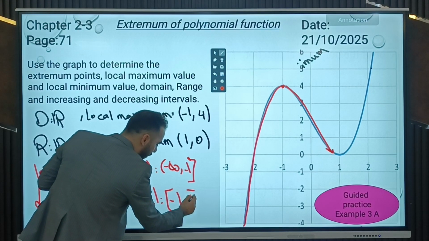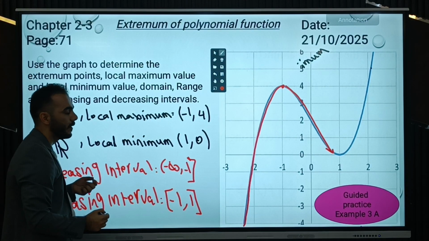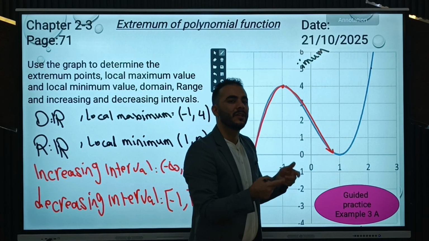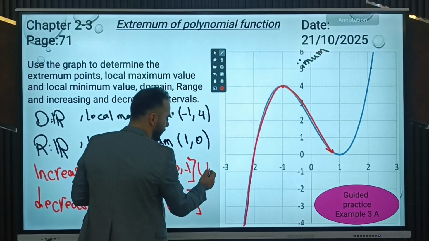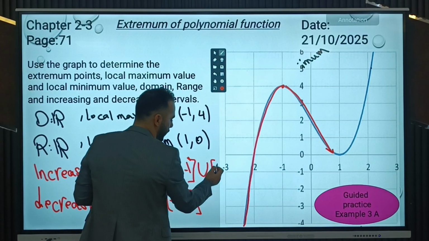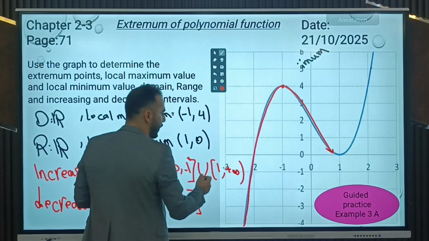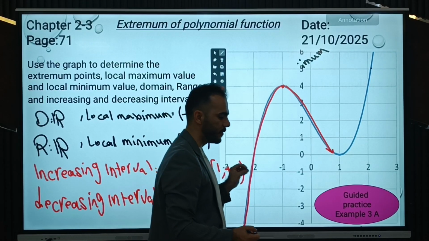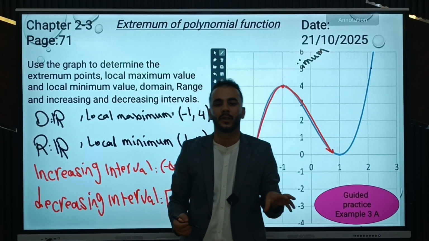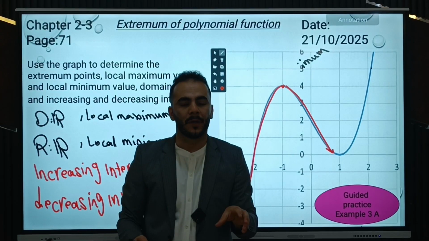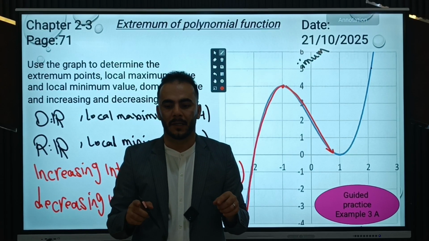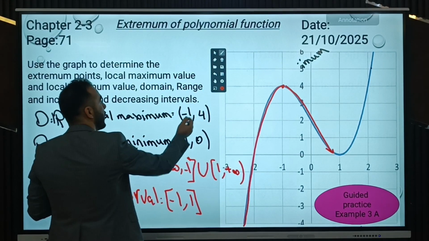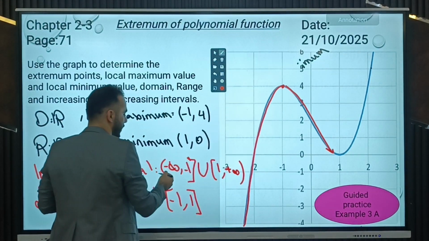And then from 1 to positive infinity, again, it's increasing. So from 1 to positive infinity, it's increasing, joined by a union. By the way, when we determine increasing and decreasing intervals, we always need to use open intervals for the endpoints. That's why I want you always to write the increasing and decreasing intervals as open intervals.